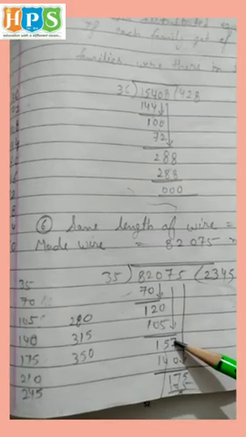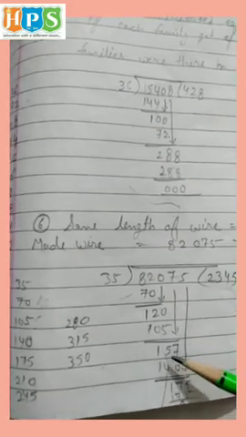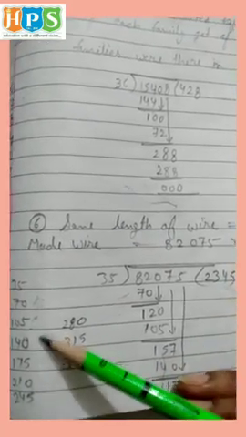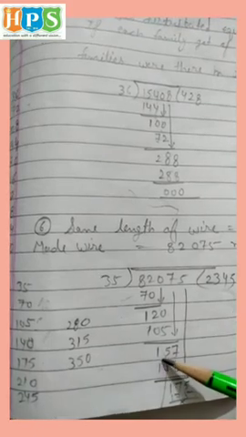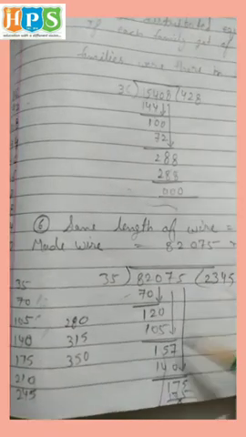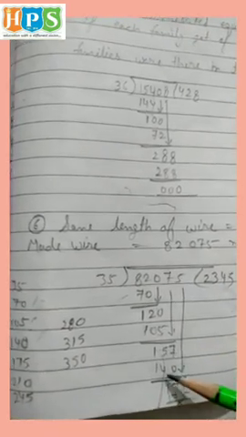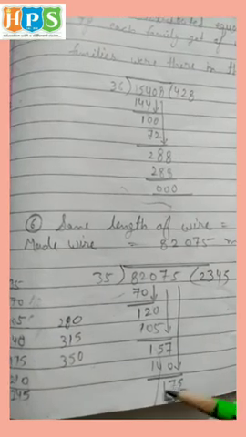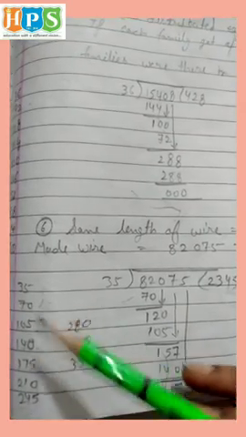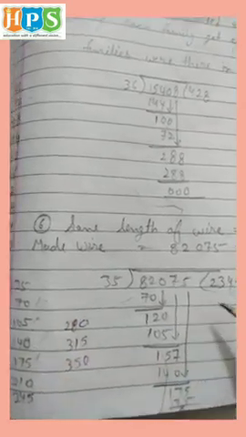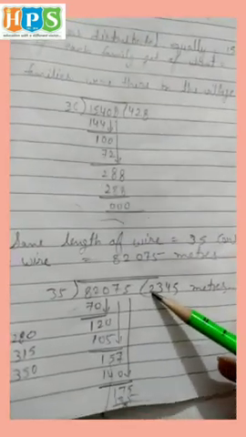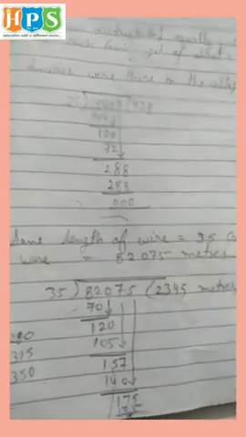We write the next digit to make 157. 157 does not come in this table. 140 is the smaller digit to 157, which comes at 4 times. 157 minus 140 is equal to 17, and we write the next digit to make 175. 175 comes at 5 times in this table. So 2345 meters.